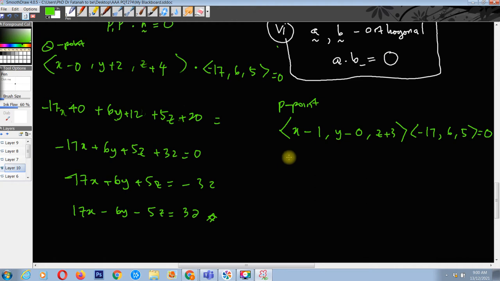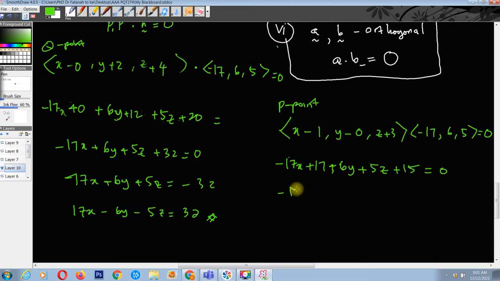Okay, so negative 17x plus 17, and then plus 6y plus 5z plus 15 equals to 0.